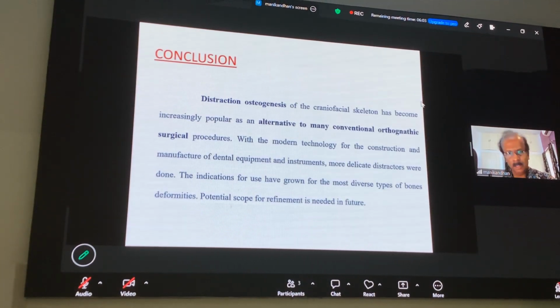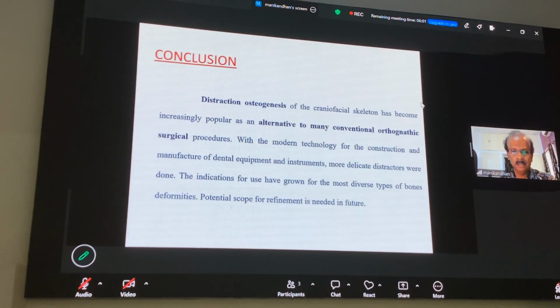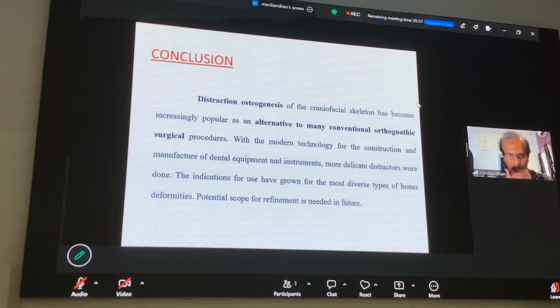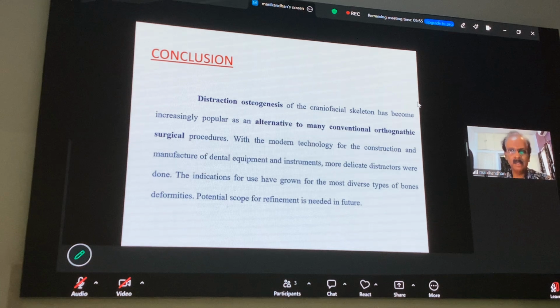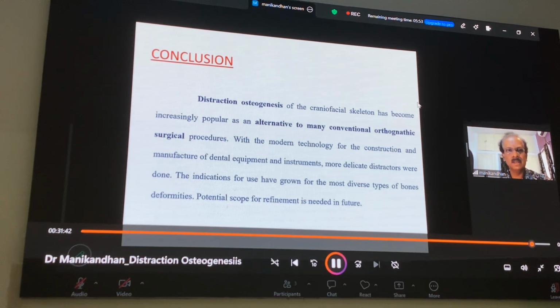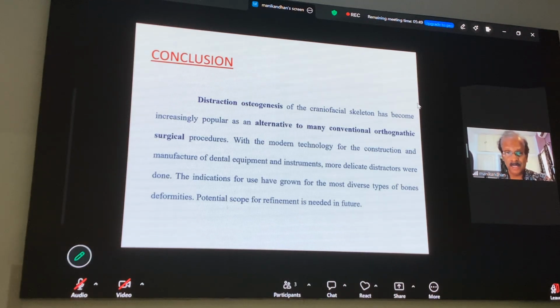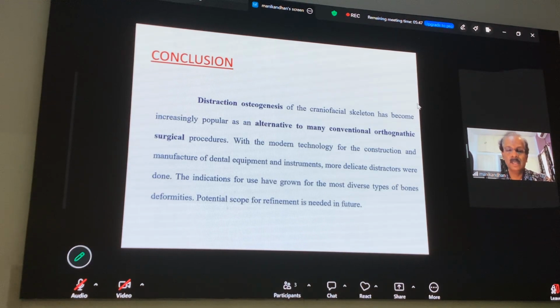Very limited indications, or for a heavy patient. In the maxilla, what I have done is Le Fort 1 advancement, Le Fort 2 level, Le Fort 3 level. Okay, we can also do distraction for craniosynostosis patients.